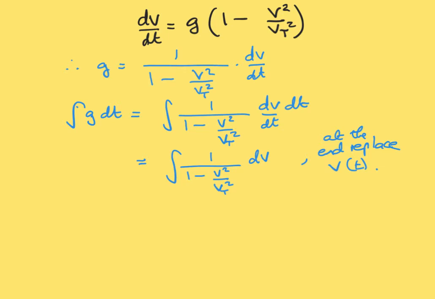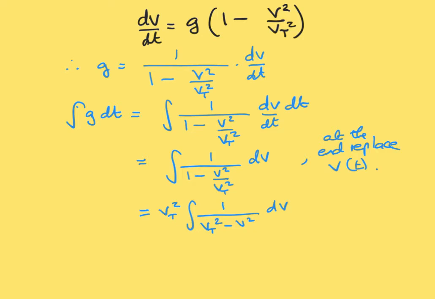So this is what we want to integrate, and I would say the natural thing to do on this side of the equation is to multiply top and bottom by vt squared. So we get equals vt squared when we multiply the top, and on the bottom we have vt squared minus v squared, integrated with respect to v.